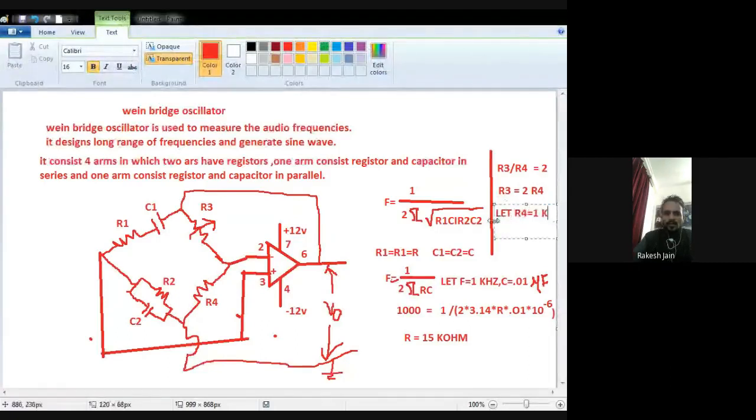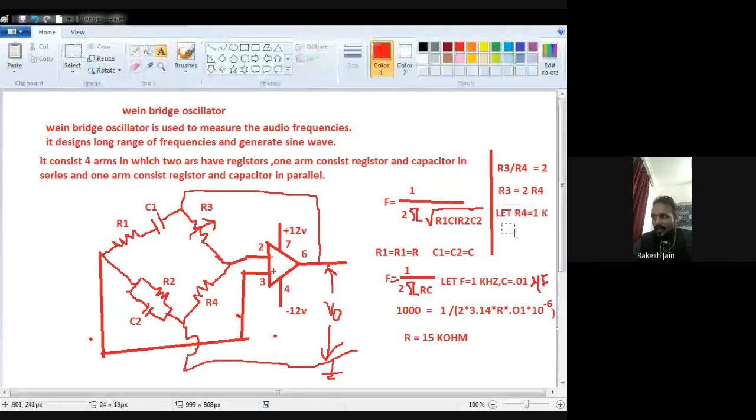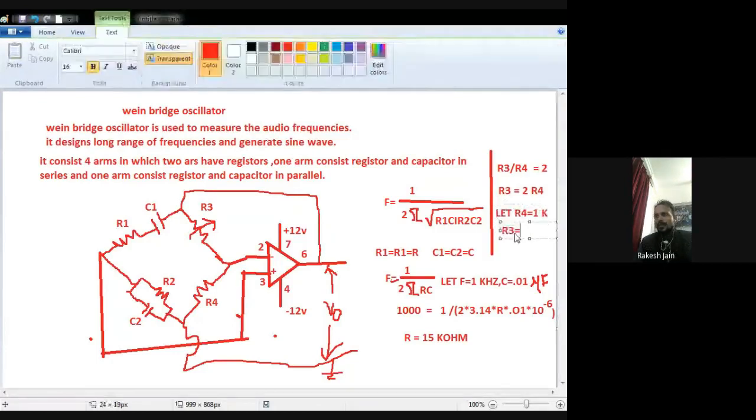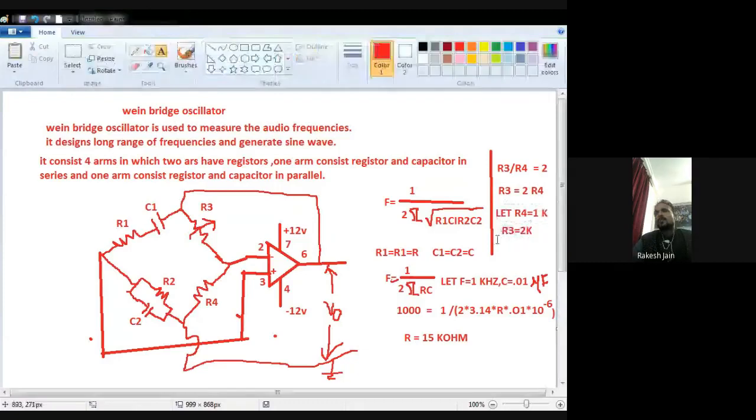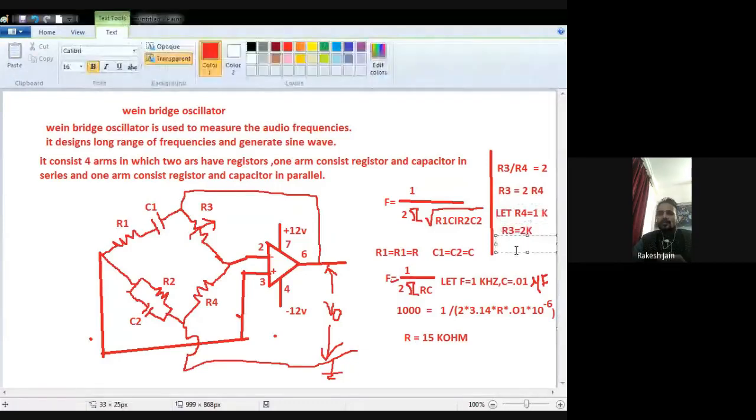Let's suppose this R4 is equal to 1k. Then this R3 will become 2k.